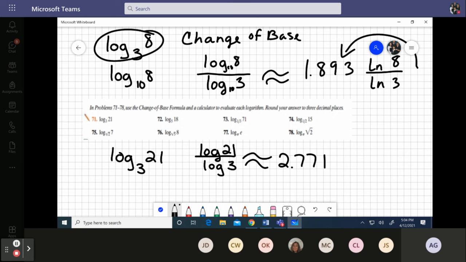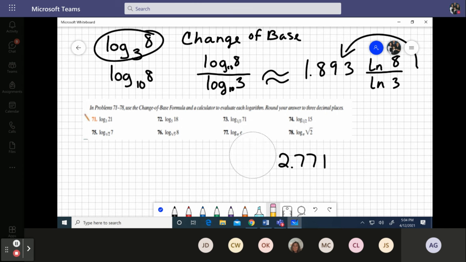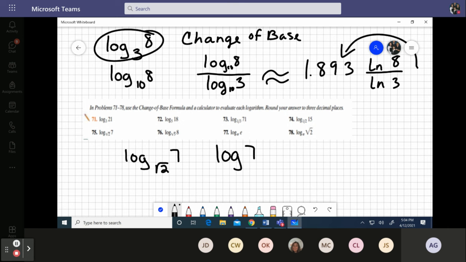All right, let's try one where you're going to have to probably use those parentheses on your calculator. So how about 75, log base square root of 2 of 7? So we need, and I think before you hit that equal button, you're going to want to put that second one.